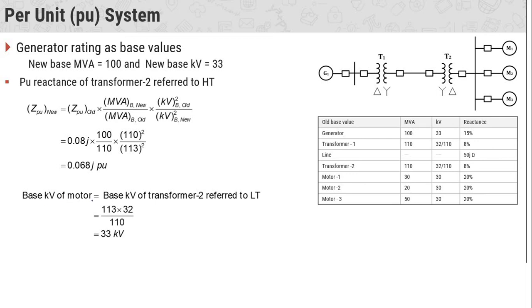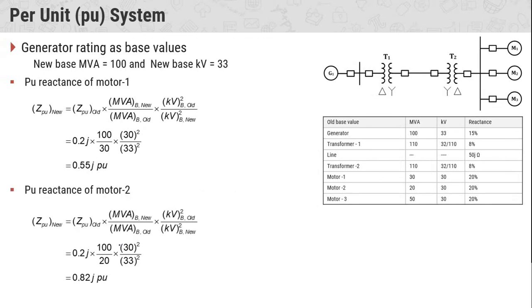Now the base kV of the motor. After the transformer we also have to find the new base kV. So the new base kV of the transformer referred to LT is equal to 113 into 32 divided by 110. So the answer is again 33 kV, and this is the new base value. So the PU reactance of motor 1 is Z_PU new equal to Z_PU old into MVA new upon MVA old into kV old square upon kV new square.